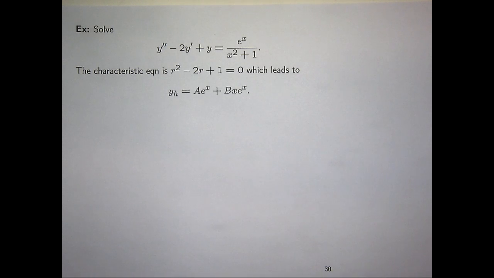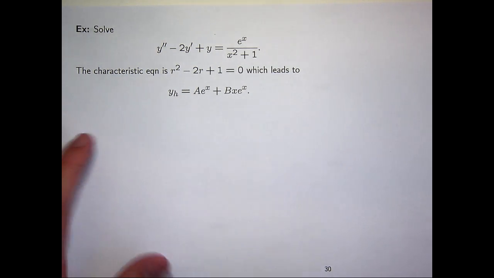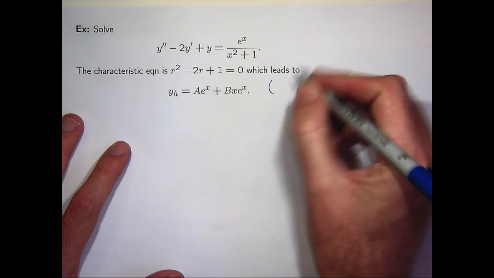All right, here's a question. Now, you can't do this using the methods from the previous lectures. So how do we apply variation of parameters or variation of constants to this? Well, first of all, solve the homogeneous problem.